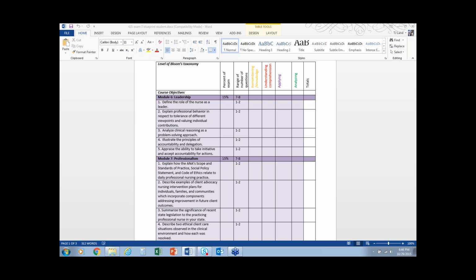And what kind of characteristics and behaviors do you think the nurse leader needs to demonstrate to show or accomplish this tolerance or valuing? Really what we're talking about here is the recognition of and using diversity to the benefits.